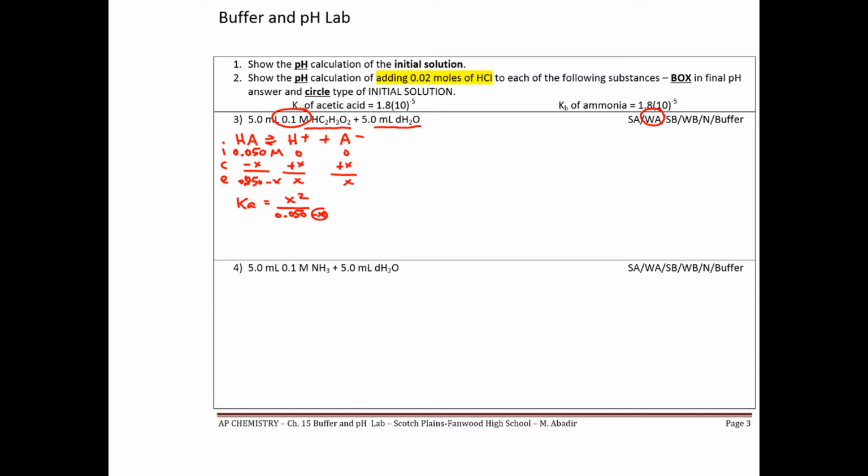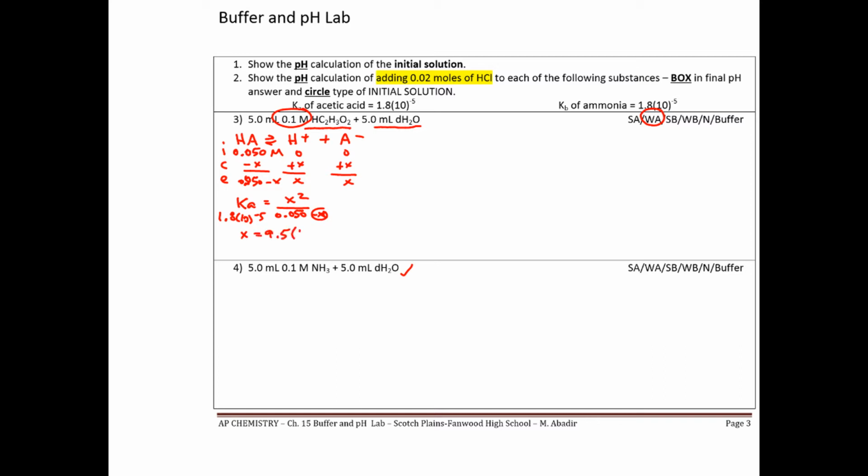And of course, we remember that the Ka is 1.8 times 10 to the minus fifth. So when you take 1.8 times 10 to the minus fifth times 0.05, and then square root that, you're going to get 9.5 times 10 to the minus fourth.